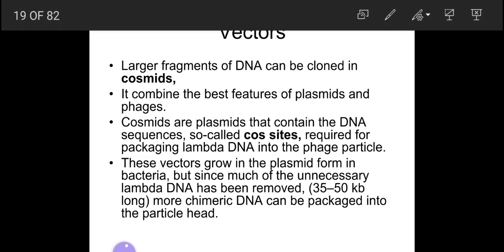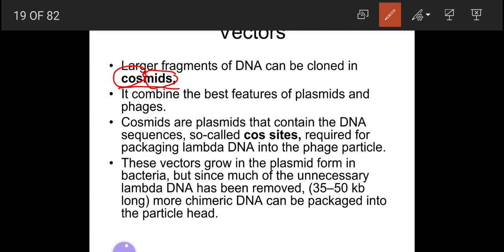Another type of vector is the cosmid. Cosmid combines the best features of plasmids and phages. The "mid" is from the plasmid, and the "cos" is from the cos sites required for packaging lambda DNA into the phage particles.